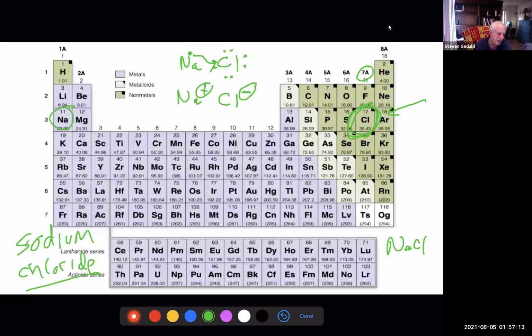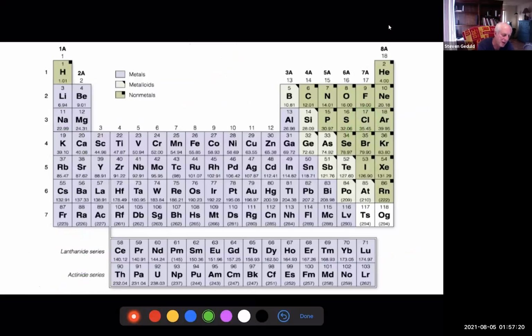Let's take calcium. Calcium is going to have how many valence electrons? It has 2. So calcium has 2 electrons. And let's go to oxygen. Oxygen has 6.